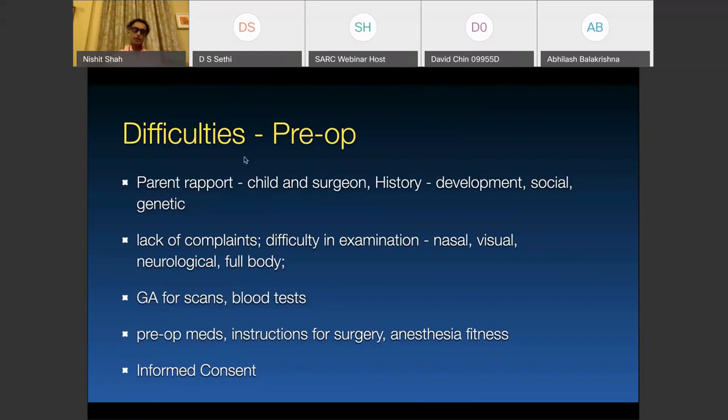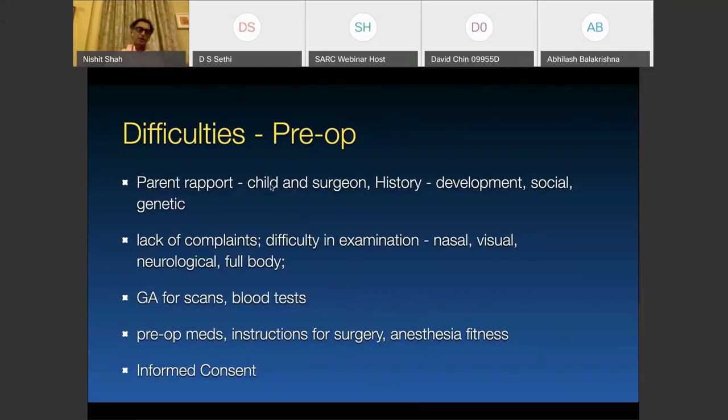In the same way, the parent-surgeon relationship must be established and must be good. Because if this relationship is not good, the surgeon may find it difficult to communicate to the parent what the problems are, what it involves, and what the different choices of surgery versus non-surgery are.